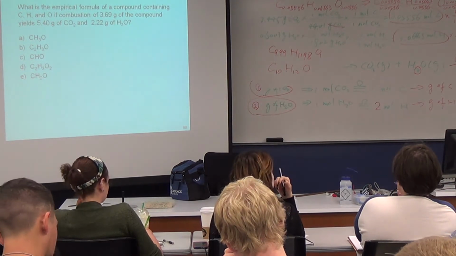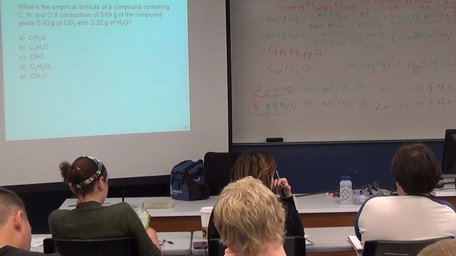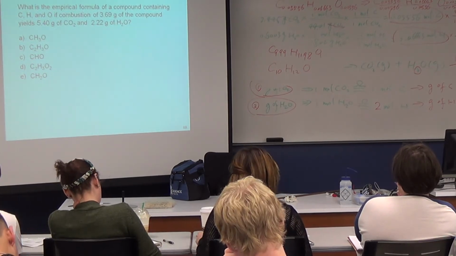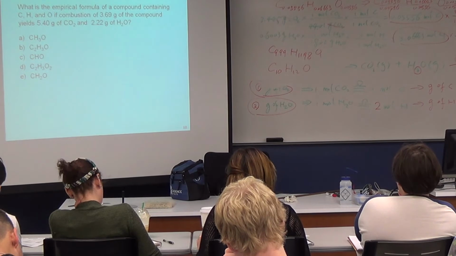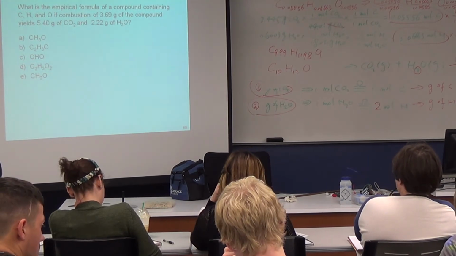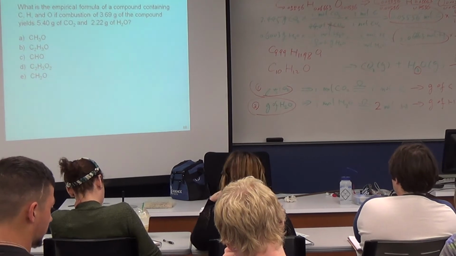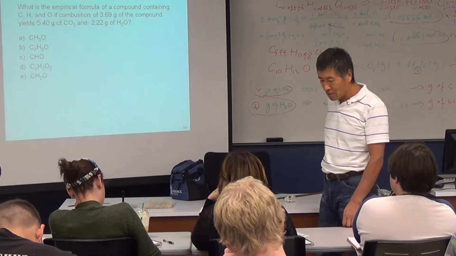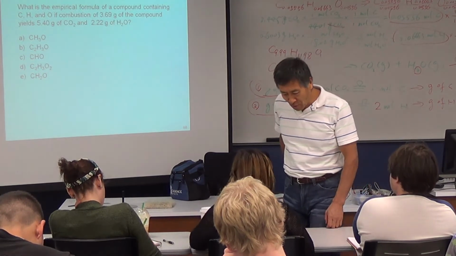So what you do is convert those grams of CO2 and grams of water into moles of CO2 and moles of water. Okay, so what do we get? You get E. See your calculation, what is E?